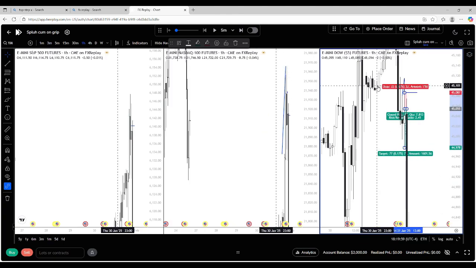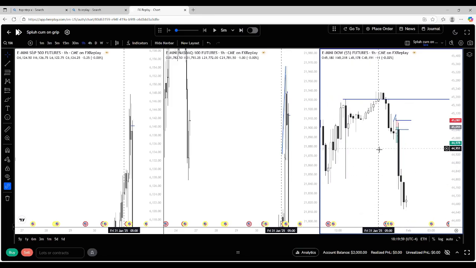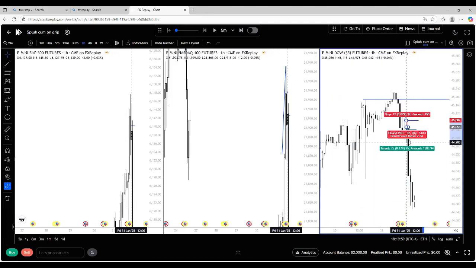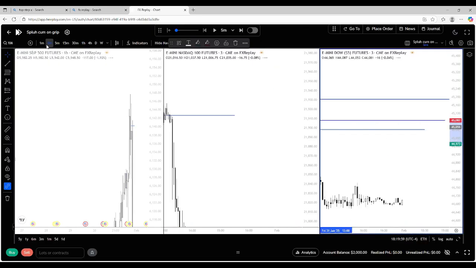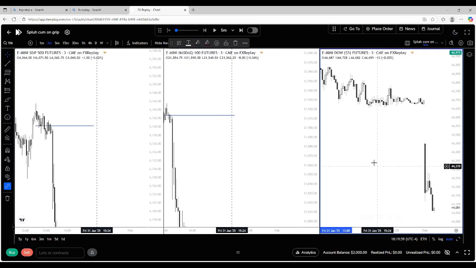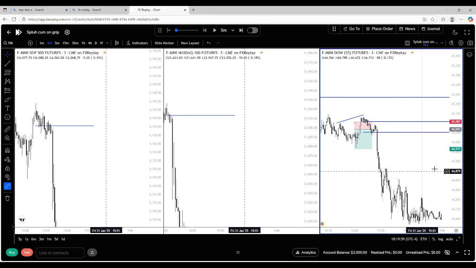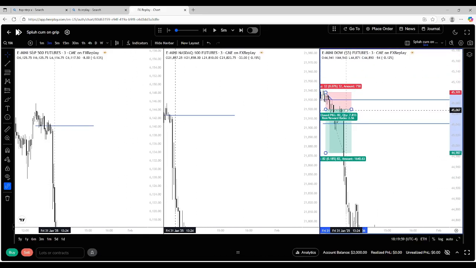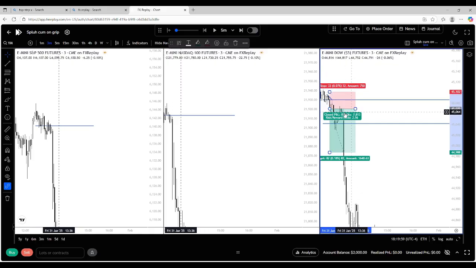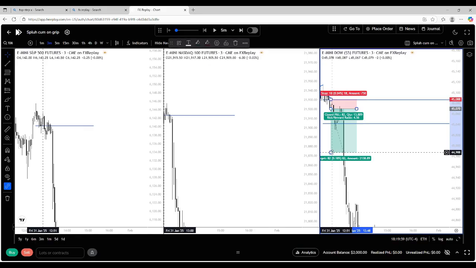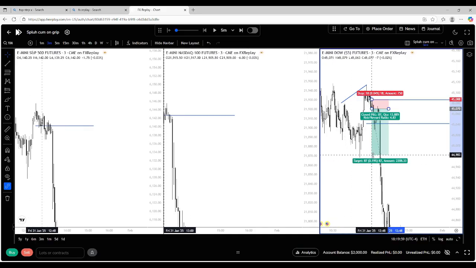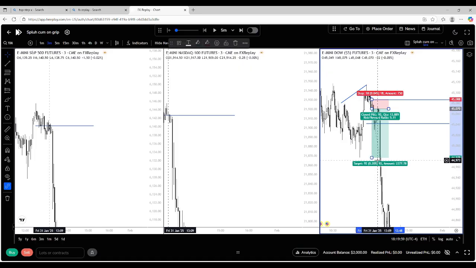Whatever your TP is, that's the entry. It could be anything really, but that's the entry framework I would use. Once we get that second SMT, that protects your stop. Then you put your stop on that high and look for whatever you want, this low, whatever.